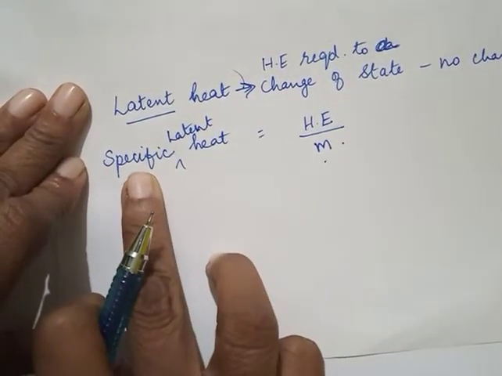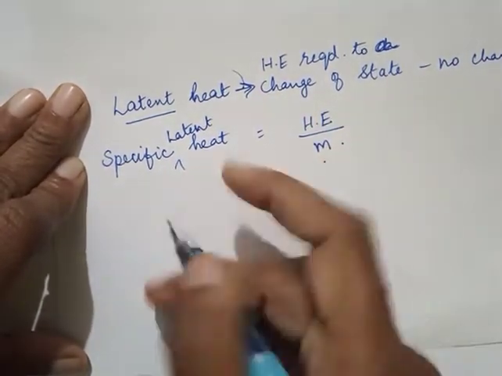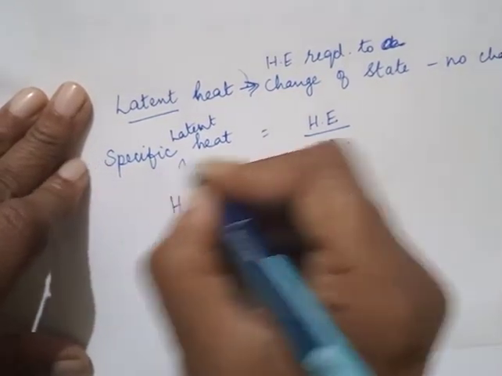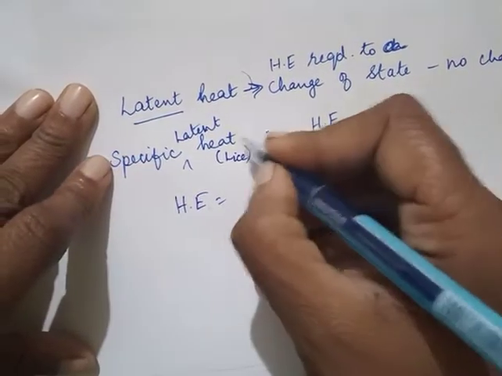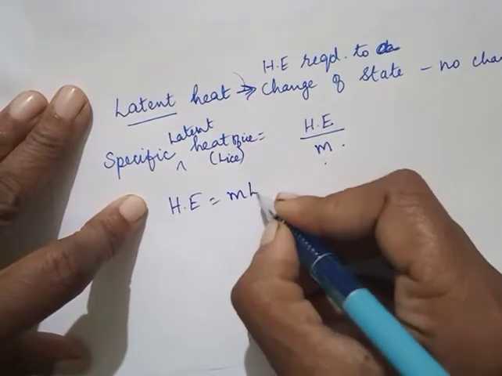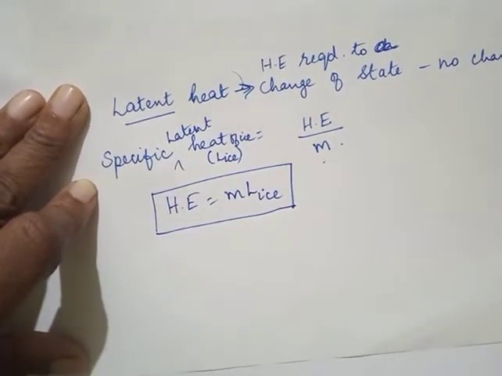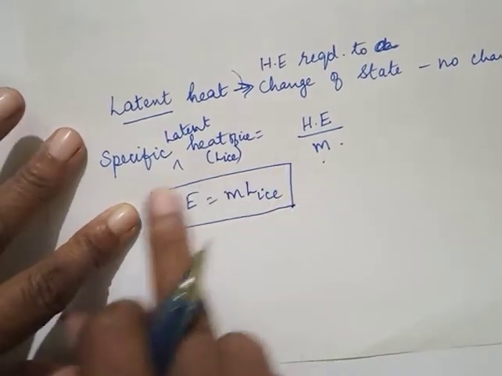When I say specific latent heat, it is per unit mass, so it will be heat energy upon M. From this I get the formula for heat energy as M into specific latent heat, usually written as L of ice. We are talking about ice. So heat energy is equal to M into L of ice. This is the formula that we'll be using in the numerical.